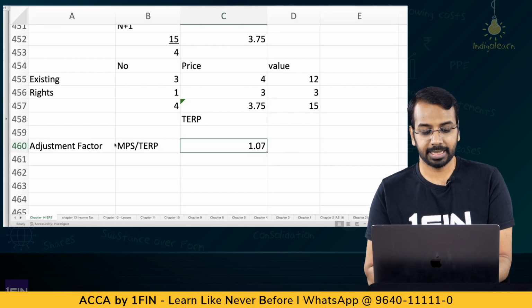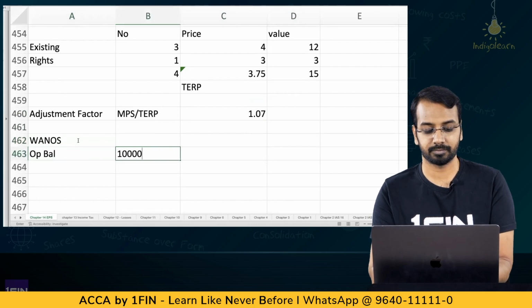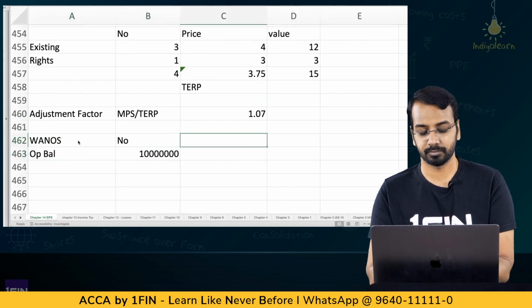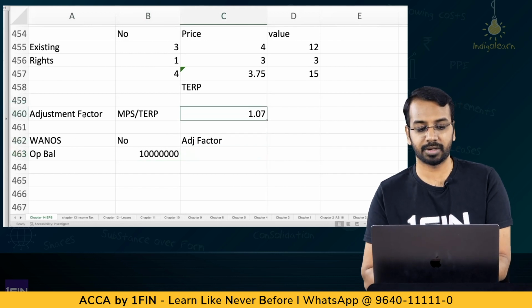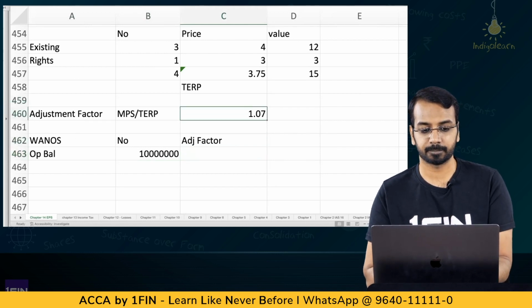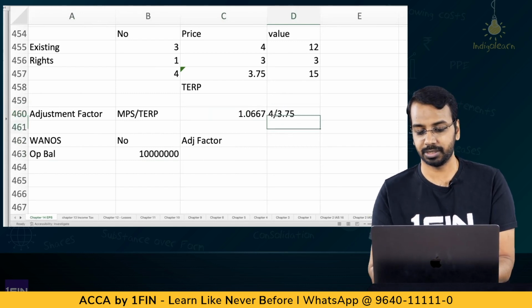Right. Now calculation of weighted average number of shares. Opening balance 10 million. Adjustment factor 1.07. Or because here there is a lot of decimal involved, what you can do is actually, instead of doing this, you can do 4 divided by 3.75. This is a better way to do it.